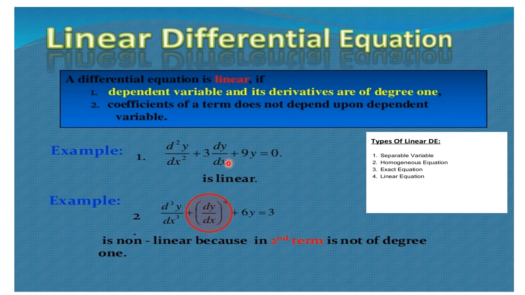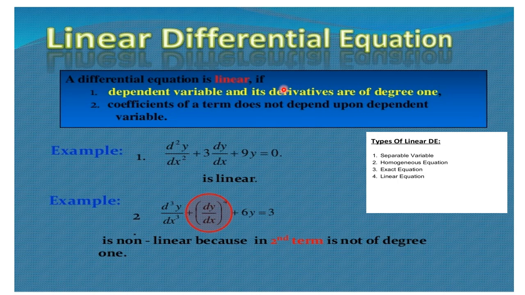That means this is a linear differential equation. See here, this is the second example. d cube y upon dx cube plus dy upon dx whole raised to the power 4 plus 6y equals to 3 is non-linear because the second term is not of degree 1.